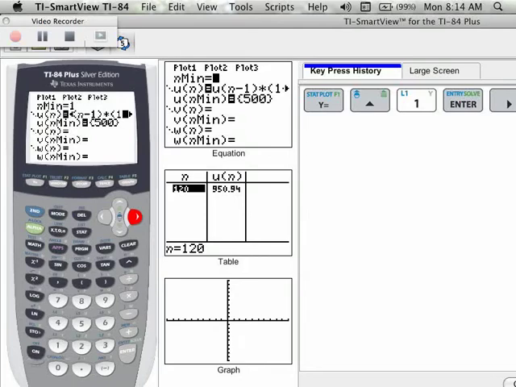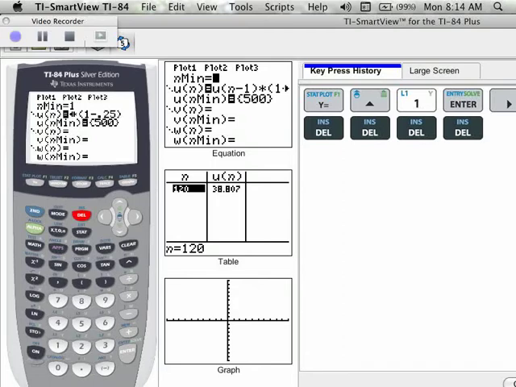I have a 1, bless you, and it's going to be minus 0.25 in my case. Now if you're just multiplying by the 0.75, that's fine as well. And then my starting value was 16.